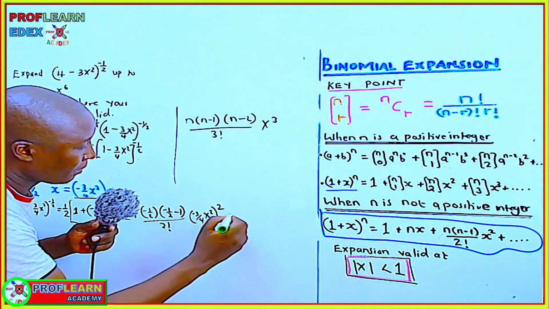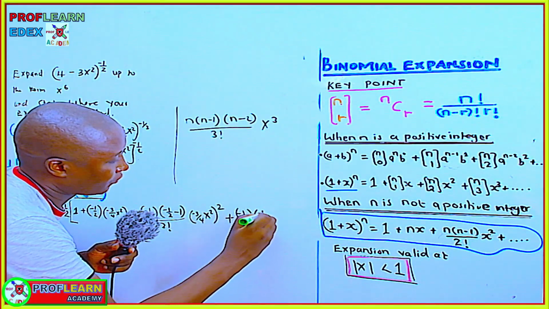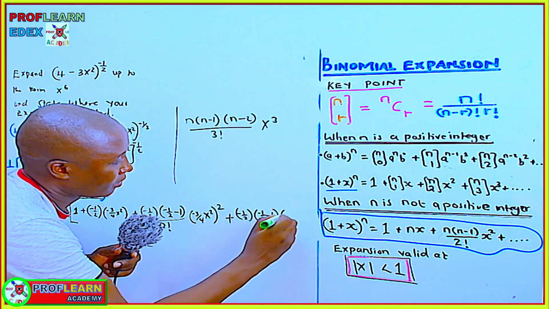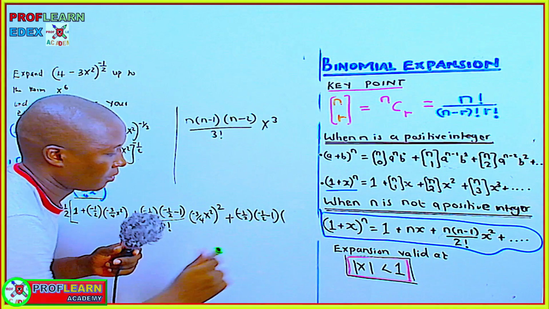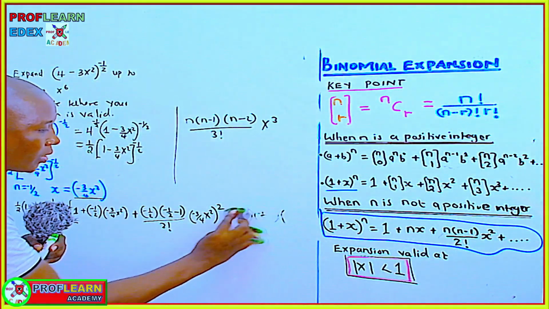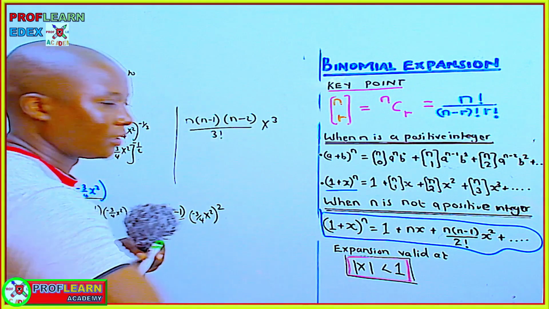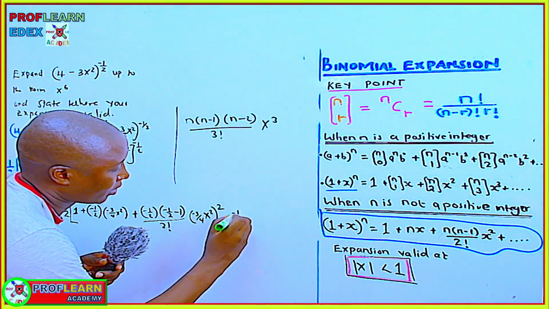So my n is negative 1 over 2, negative 1 over 2 minus 1, negative 1 over 2 minus 2, over 3 factorial. I'm writing big fonts and my space is quite limited, so I need to reduce a little bit.